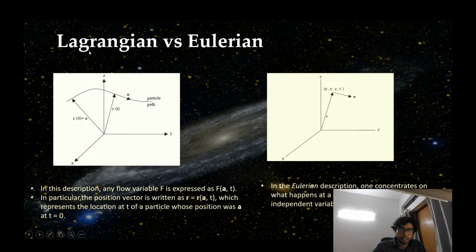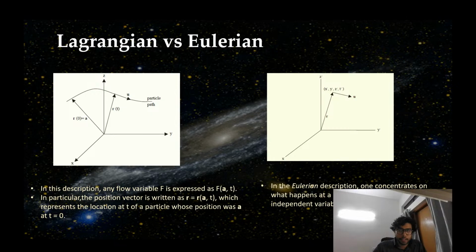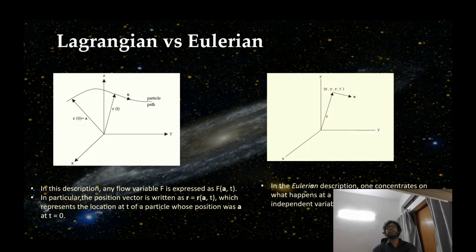now just a little bit aside on Lagrangian versus the Eulerian approach. So let's say you have a fluid particle which is moving. So there are two ways to look at it. So inside a fluid, there are a lot of particles which are moving.